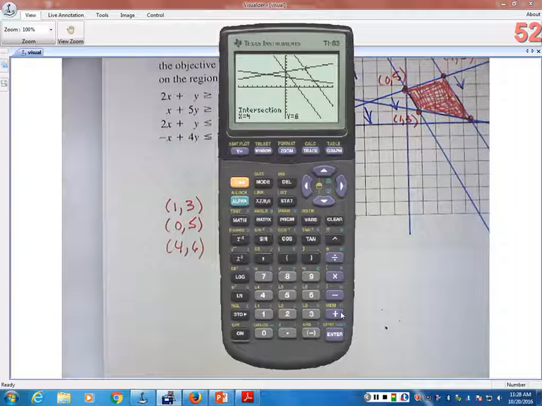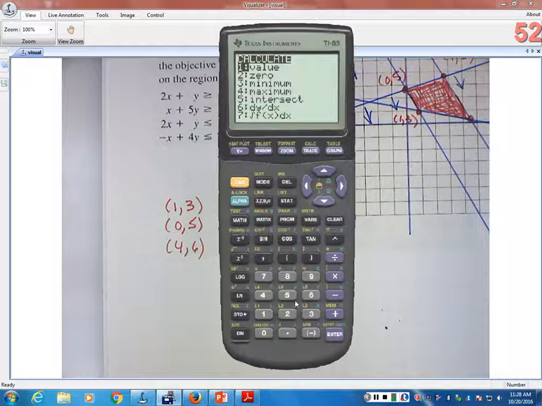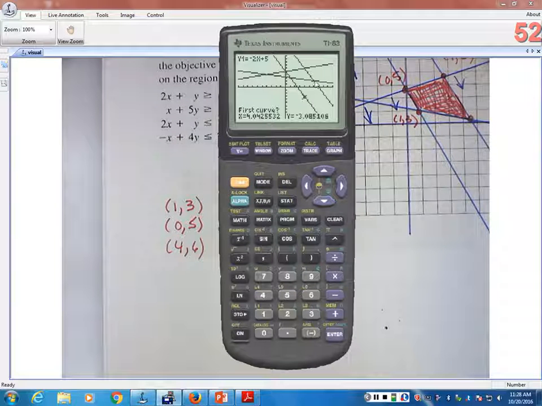Got one more. So I want to find this one.